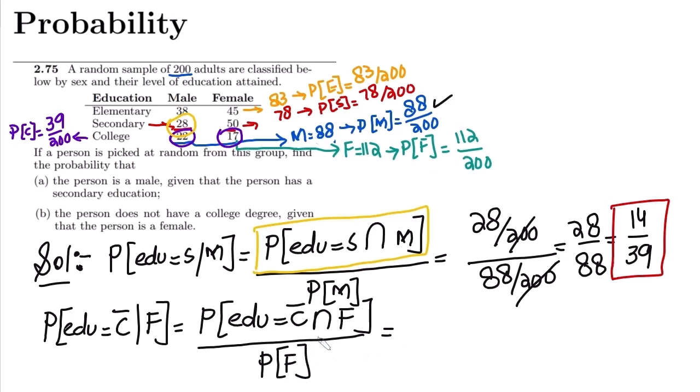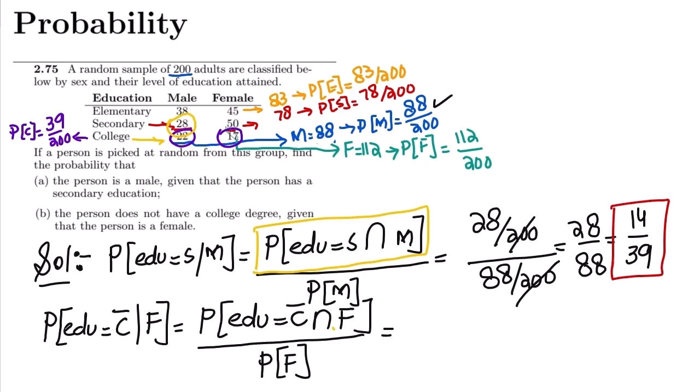Now looking at these values, what is the probability that the education level is not a college degree while the person is a female? Here I have to remove this column, and see the probability that the person does not have a college degree while she is a female.